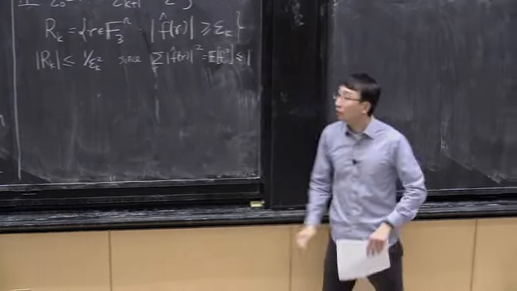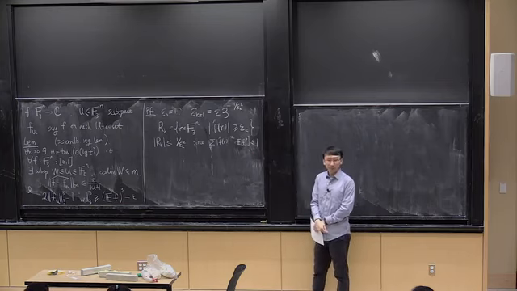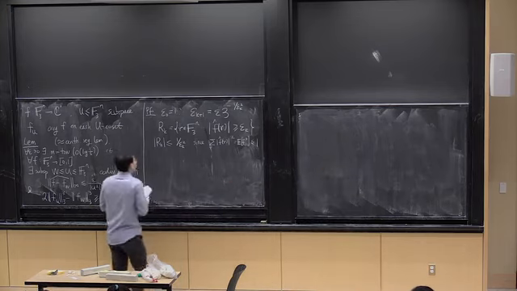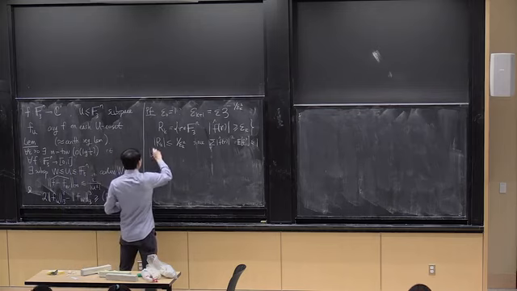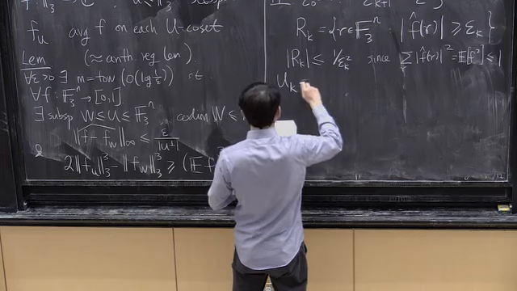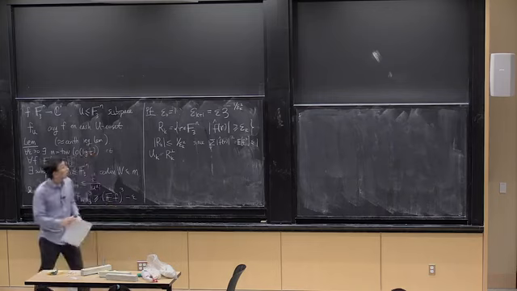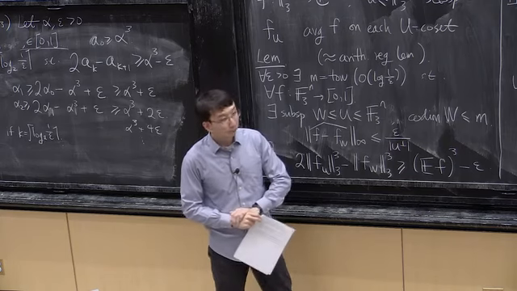So the number of Fourier coefficients that exceed a certain quantity cannot be too many. Okay. So let U now be the subspace defined by taking the orthogonal complement of these R's.